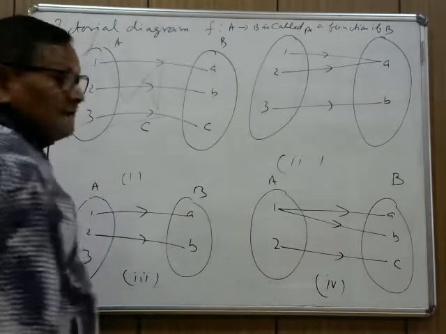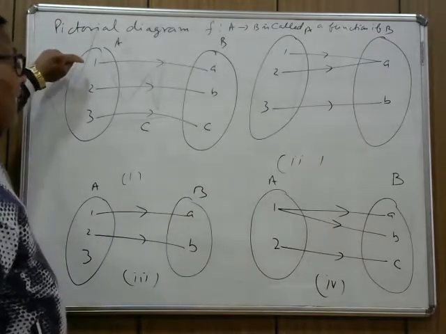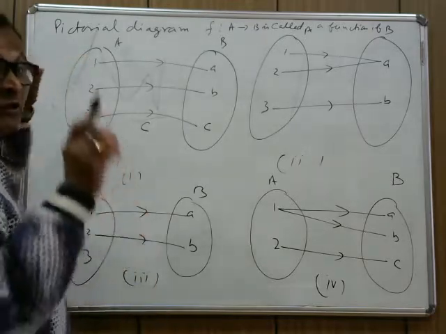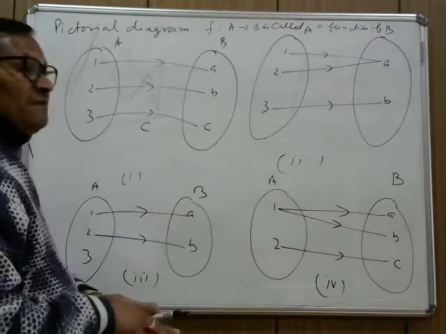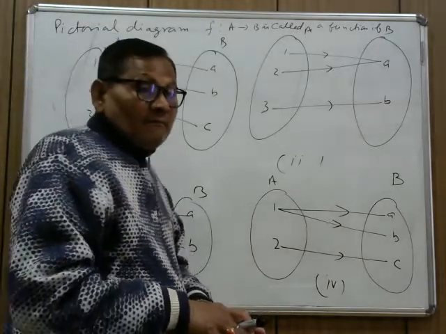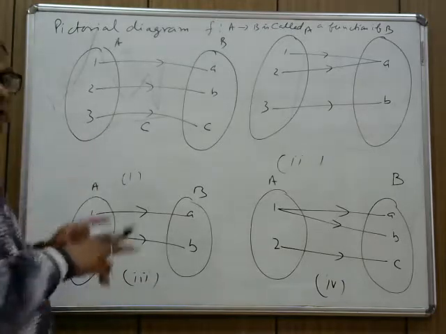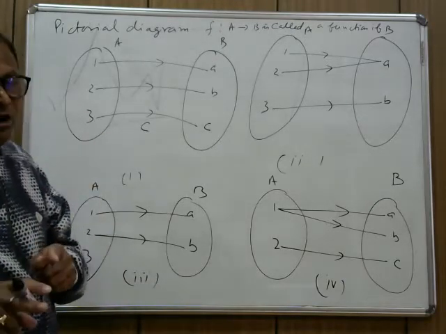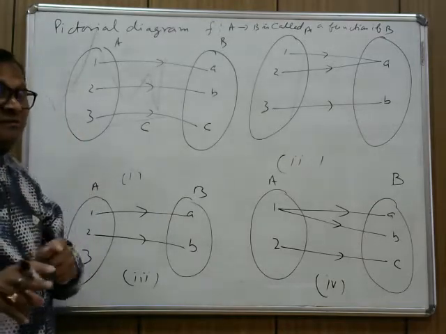The second condition is that each element of A is uniquely associated. They have one and only one association. So in order to find out whether the given pictorial diagram represents a function or not, you have to test these two conditions.